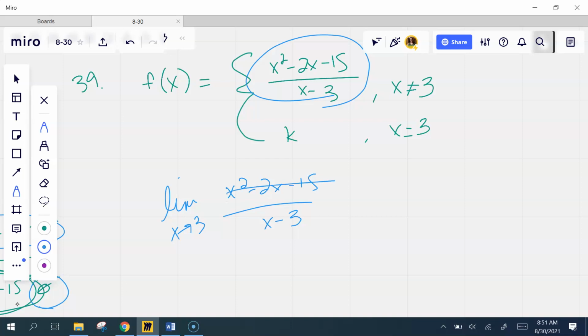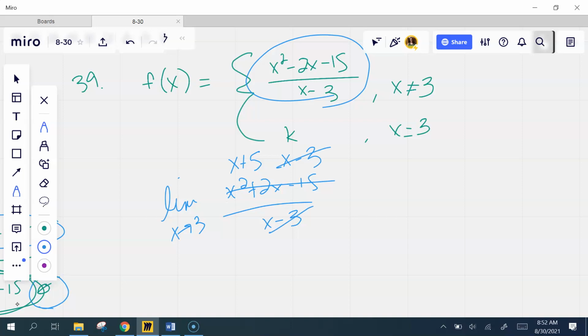Factor the top. How about x minus 5, x plus 3? Ooh. Oh, I copied it wrong. Woo! I was like, oh my gosh, it's not going to work, y'all. Okay, it's going to work. I had that first time wrong.